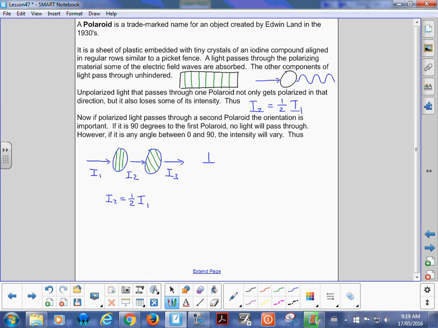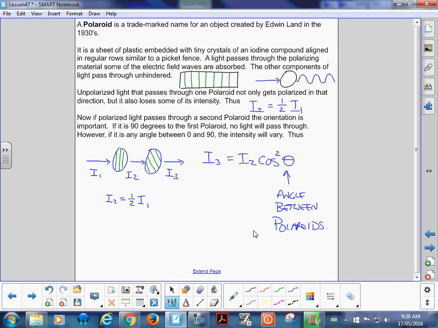Now what happens with the value of I3? The relationship that was discovered is that the intensity I3 after it goes through the second Polaroid is the second intensity I2 cos squared theta, where theta is the angle of rotation, the angle between Polaroids. And there is your formula, but let's clean this up a little bit because we want it in terms of the initial intensity.